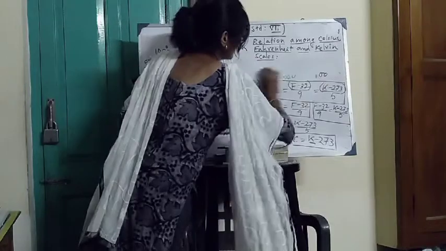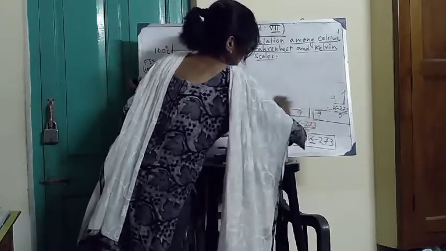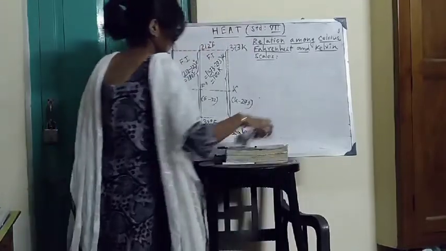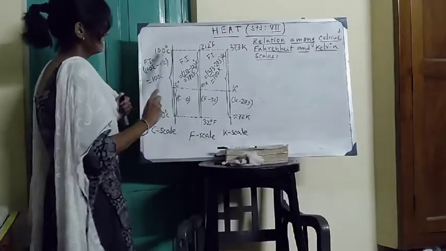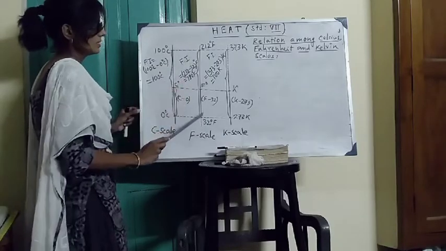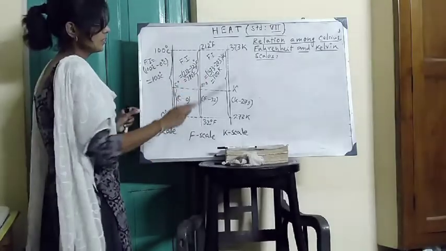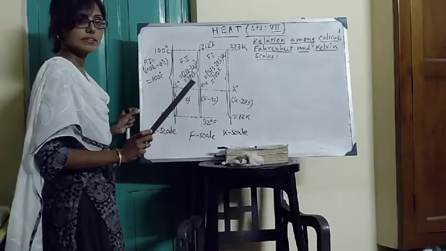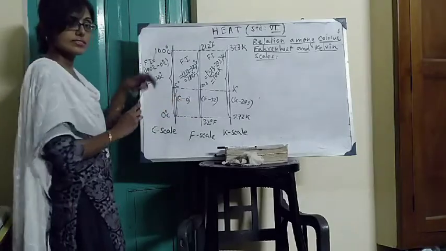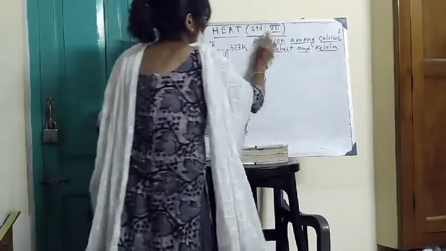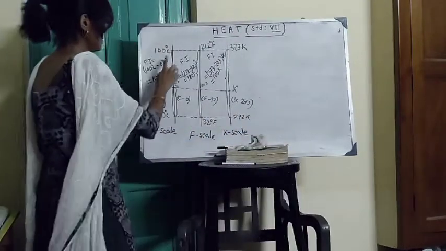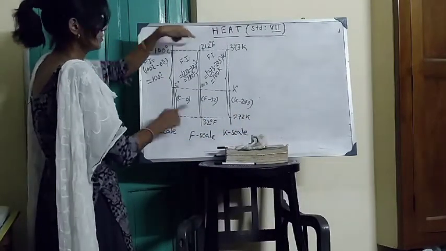Now see the diagram again. The fundamental interval of Celsius scale is equal to the fundamental interval of Fahrenheit scale, which is equal to the fundamental interval of Kelvin scale. According to the diagram, the differences are the same. So we can write, consider the first two scales, Celsius and Fahrenheit.